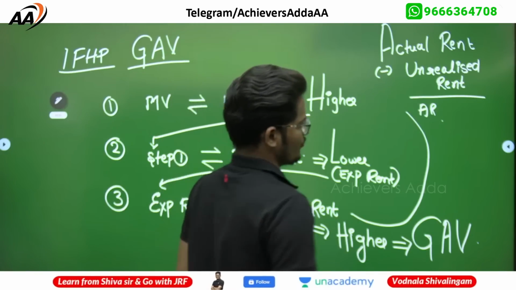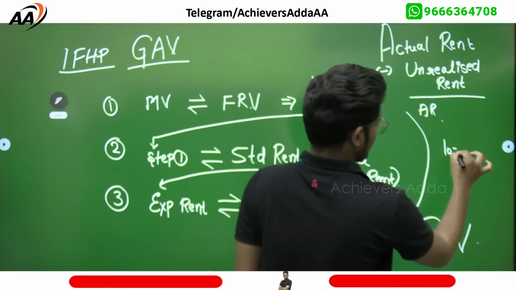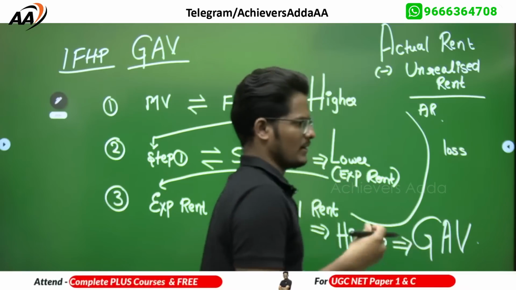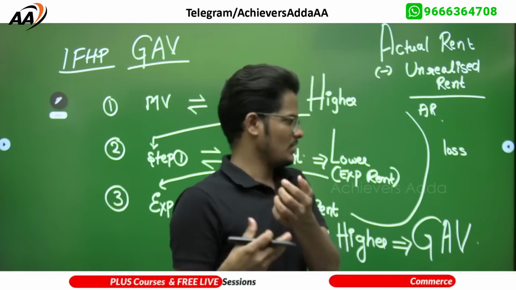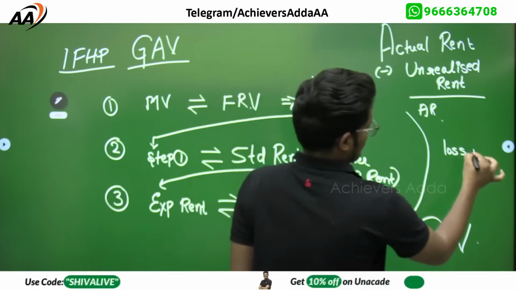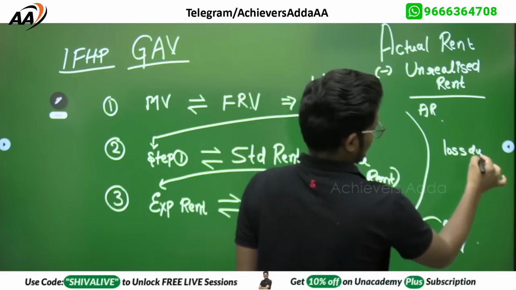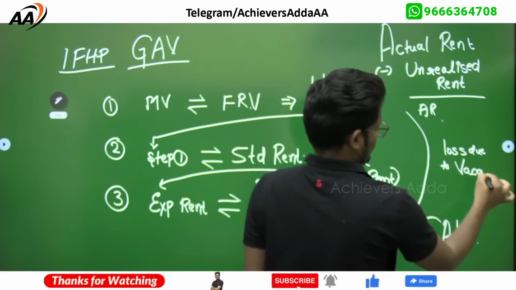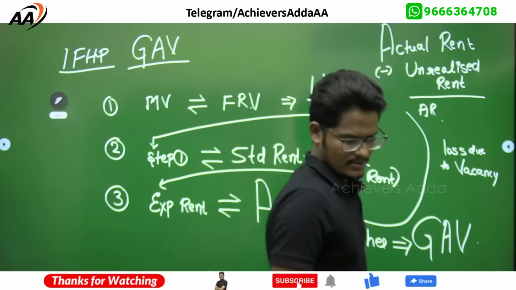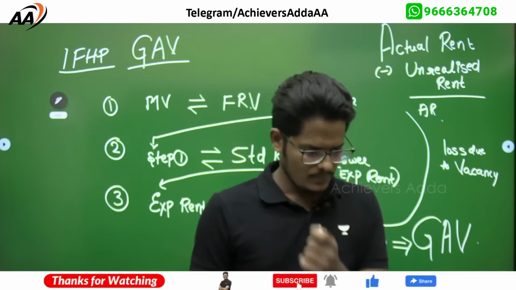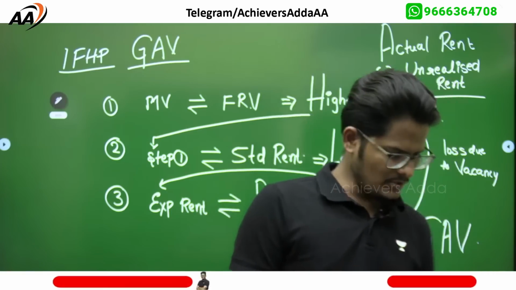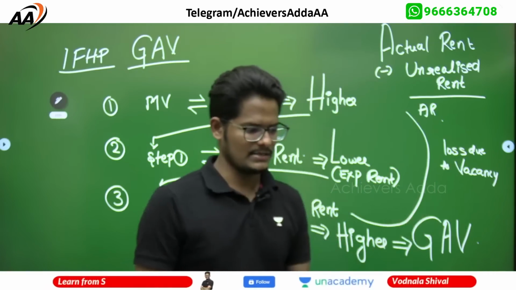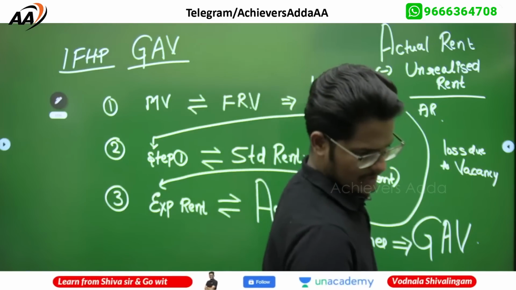The loss due to vacancy. Some time period we don't have any tenant in our house. That is a vacant position. Loss due to vacancy. Keeping it idle, you lost a rent. When you lost a rent, from where will you deduct this amount?